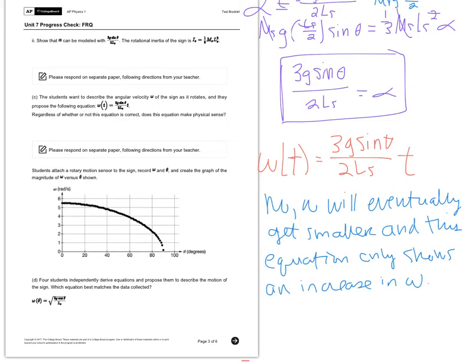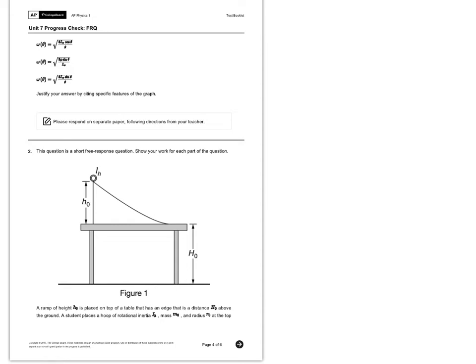So I'm just going to go to the next slide to give us a little bit more room. And we know that omega should be in units of radians per second. So just looking physically at what these units show us, we'll start with the first one, which was the square root of 3g cosine theta over L. So units of G would be meters per second squared over L, which is units of meters.